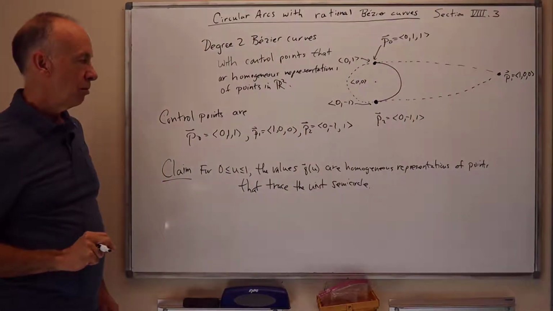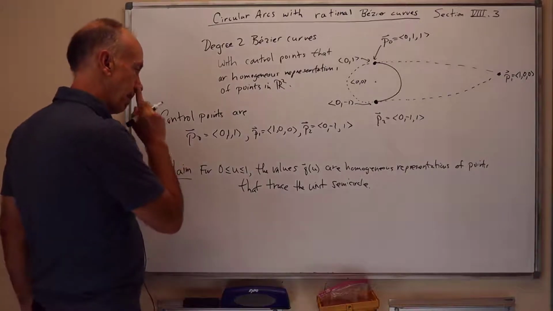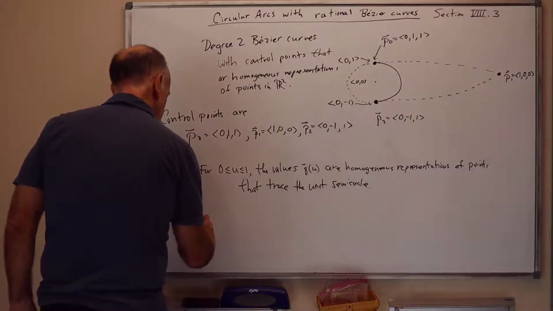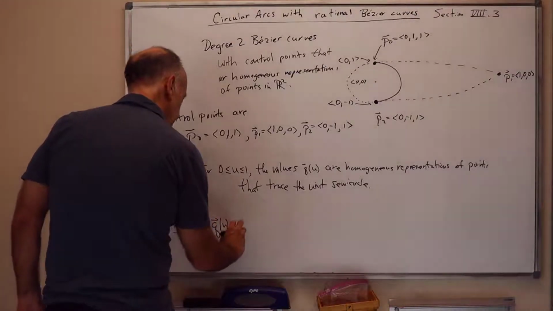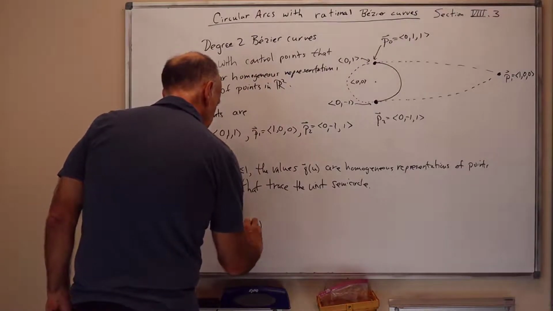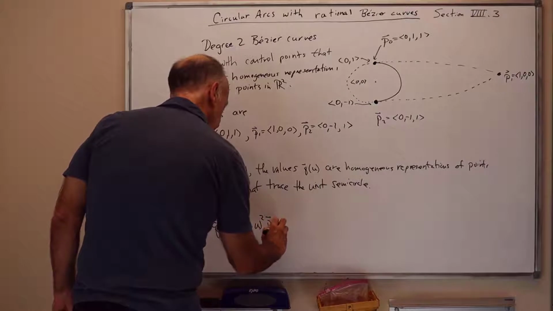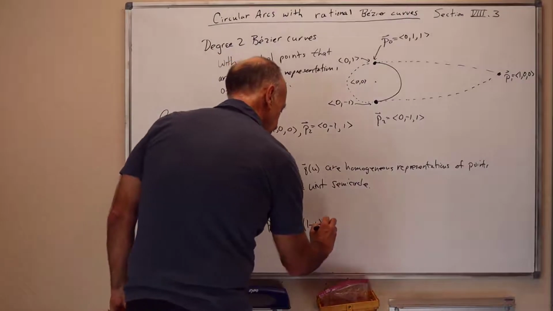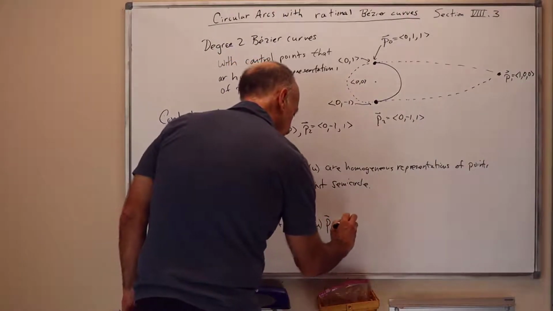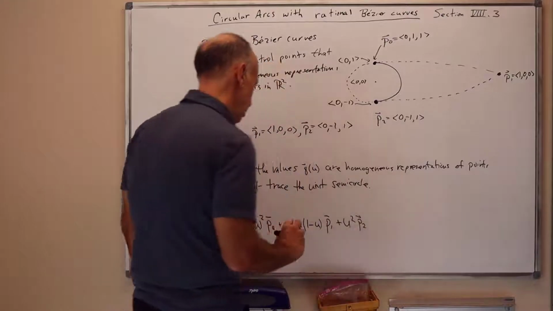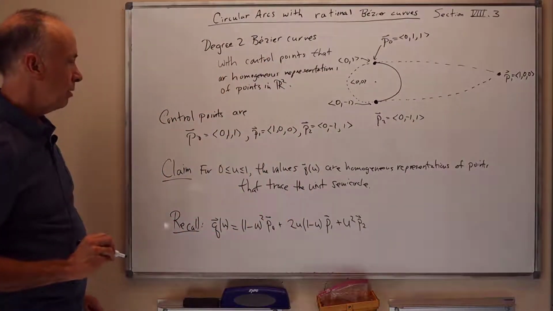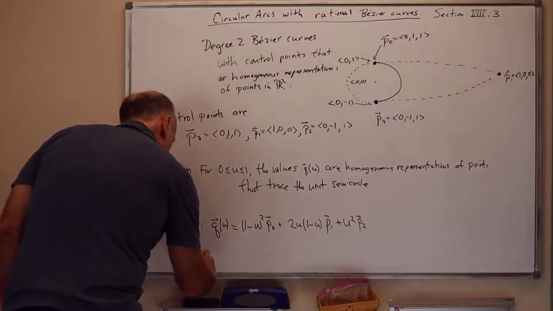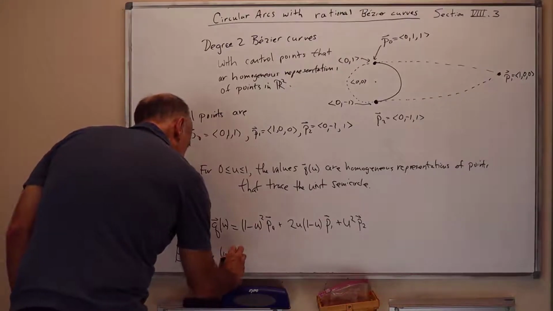I'll prove this for you in a moment, but let's unpack this just a little bit here. First of all, recall that Q of u as a degree 2 curve is equal to 1 minus u squared times P0 plus 2 times u times 1 minus u times P1 plus u squared times P2. So, as an example of the claim, take u equals 1/2.